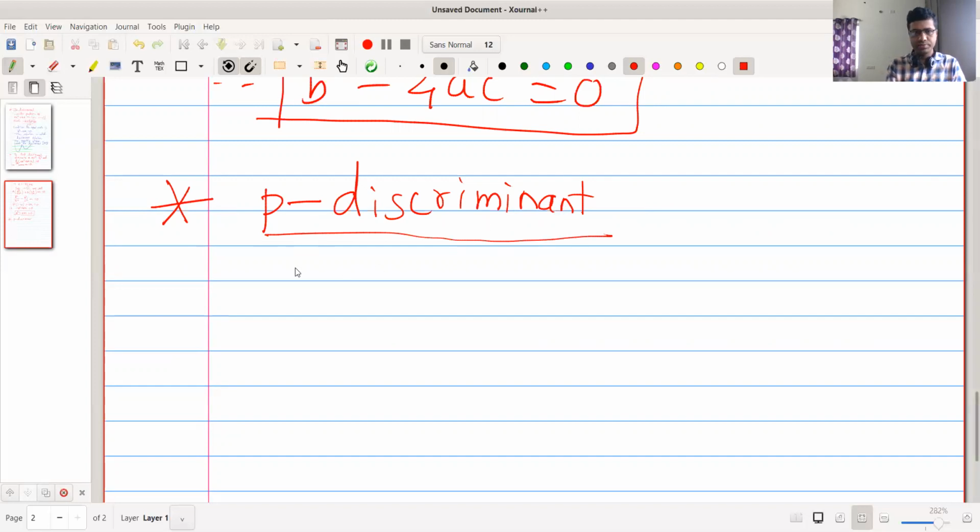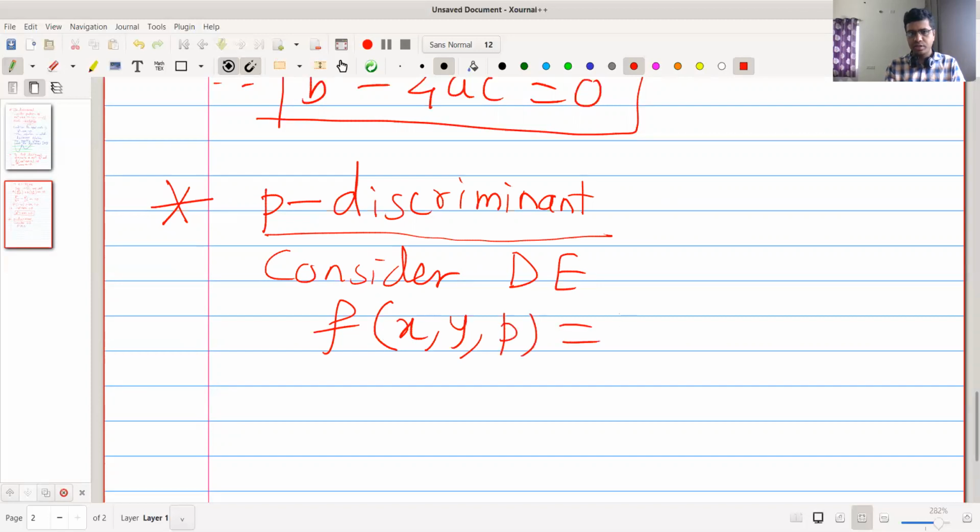So consider a nonlinear first order differential equation f of x, y, p equal to 0, some relation between the independent variable x, the dependent variable y, and p, which is dy by dx.